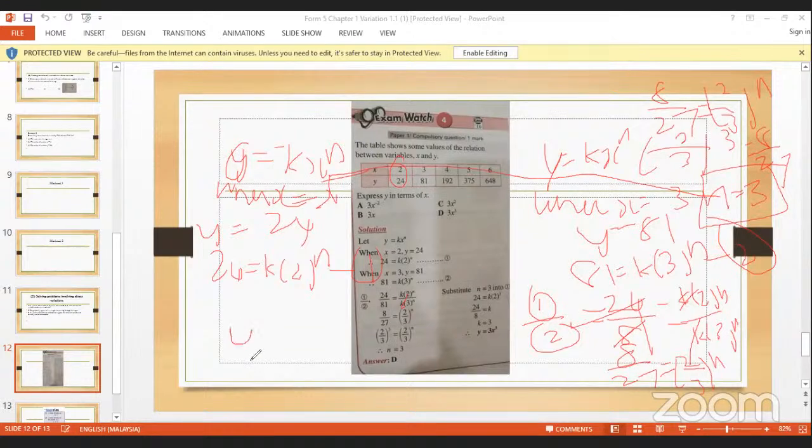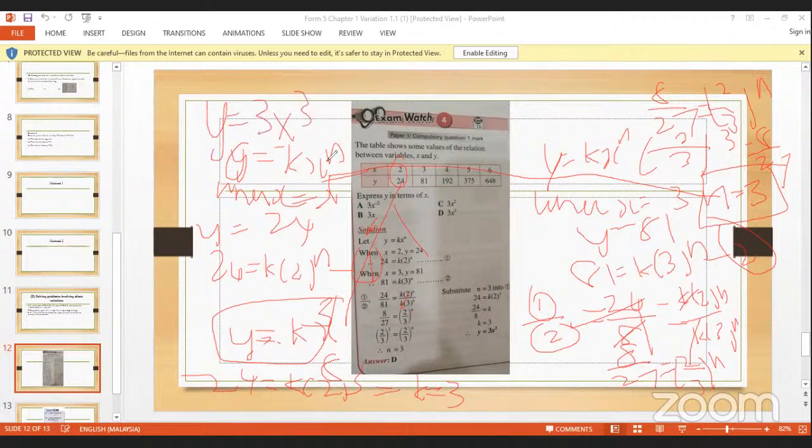What do we get? y equal to kx cubed. Then 24 equal to k times 2 cubed. 2 cubed is 8, and 24 divided by 8 is 3. So k equal to 3. So the answer is y equal to 3x cubed. So the answer will be D. All right.